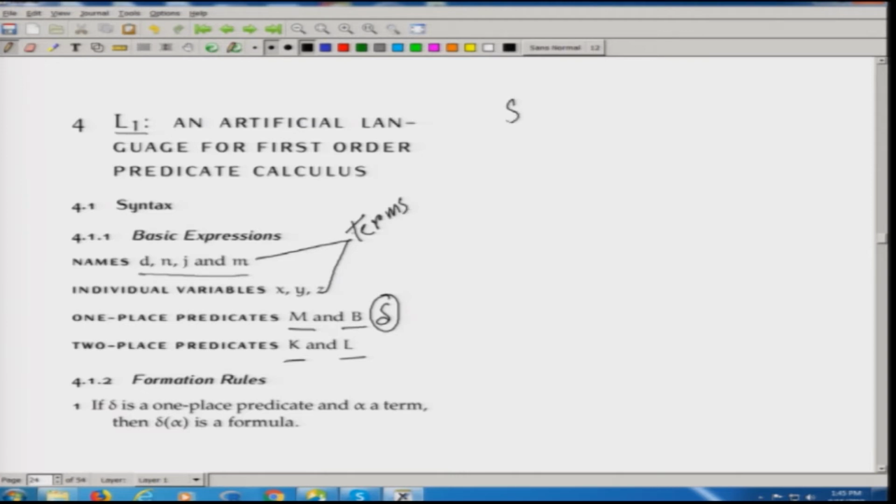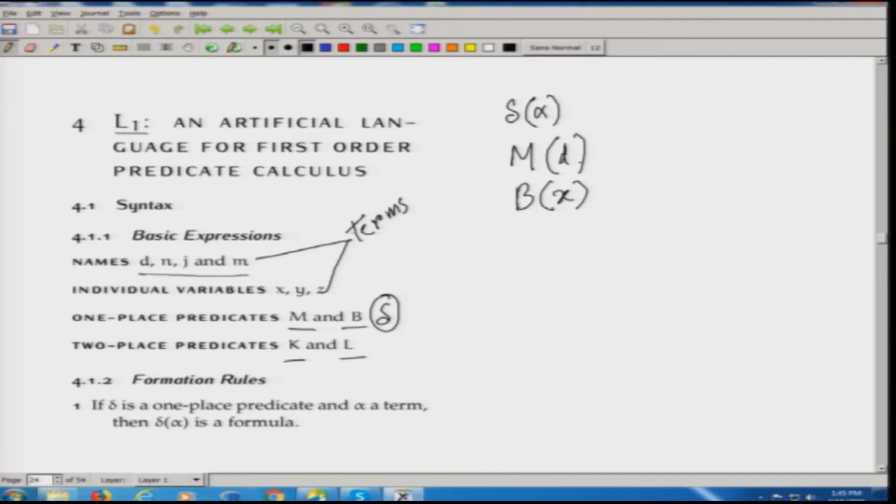So delta alpha can be something like M D or B X. Both are terms. I have taken one term, that is one individual thing, either variable or constant, and a one-place predicate.